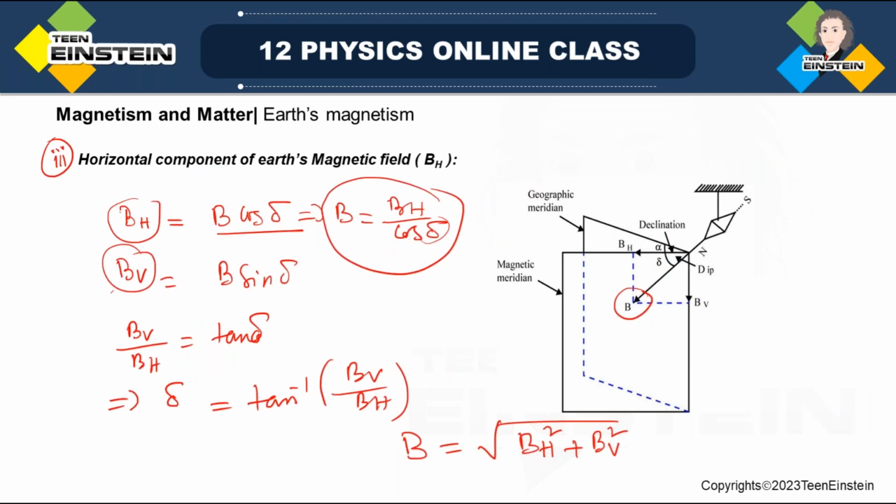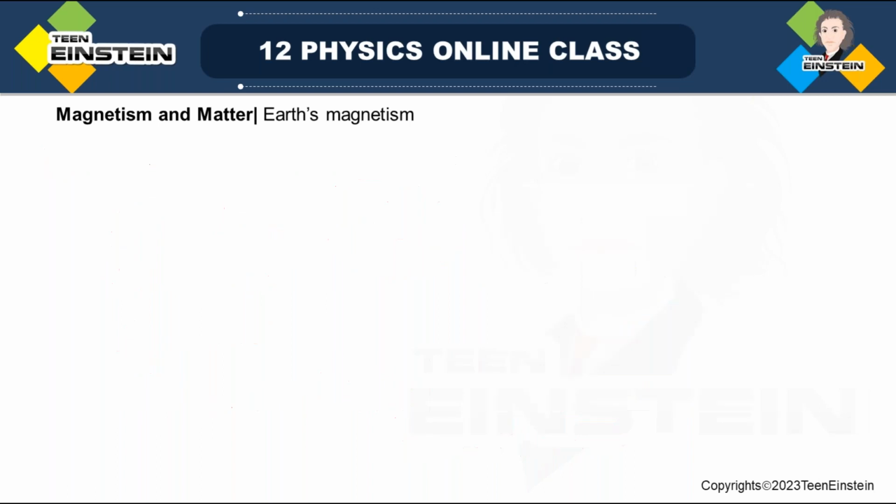These three essential parameters determine the magnetic field of the earth at any place. Now, I know this delta is the angle of inclination.